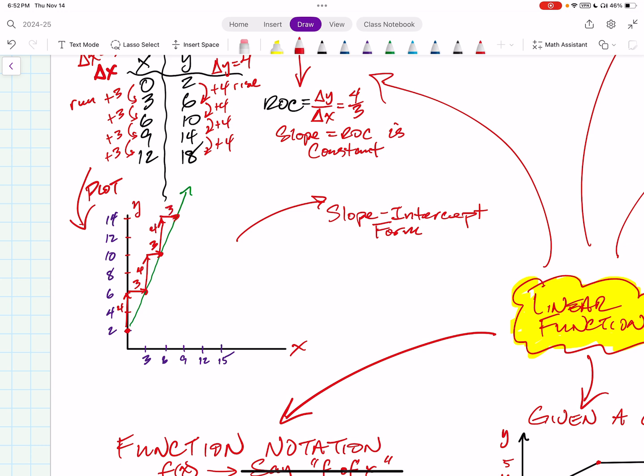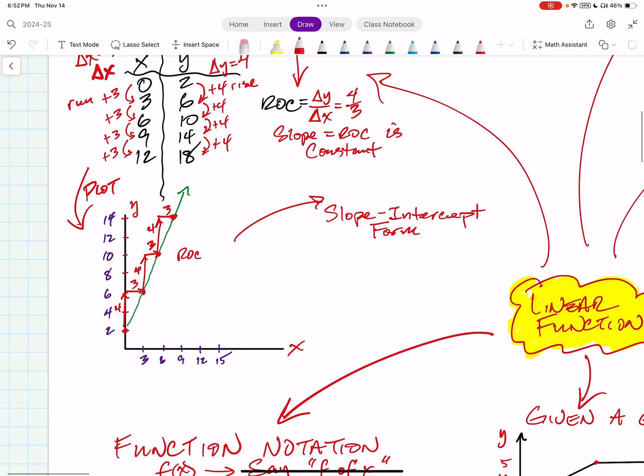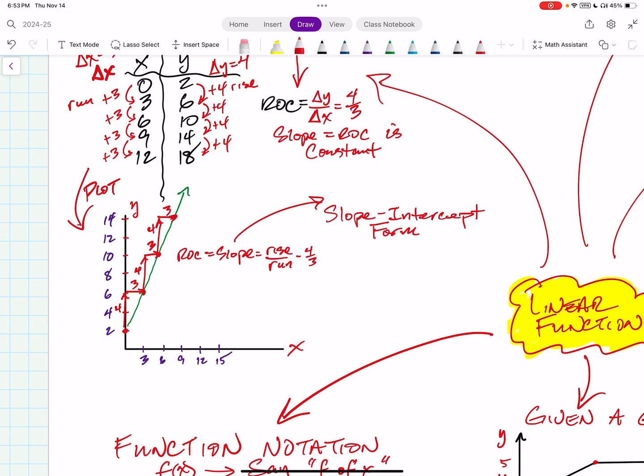Up 4, right 3. So we know that the rate of change equals slope, which equals rise over run. I'm not talking anything new here. So that's equal to 4/3.